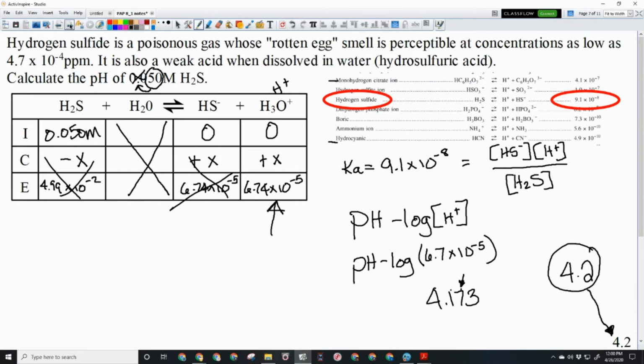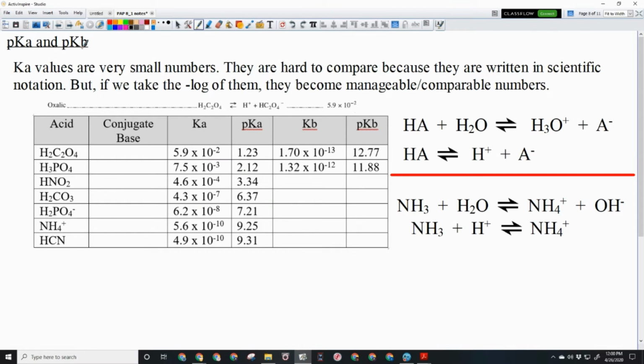So pKa and pKb were developed, okay, to help us cope with these very small numbers. Okay, and it says they're very hard to compare, just as I said, because they're written in scientific notation. But if we take the negative log of those numbers, they become manageable, comparable, understandable in our brains.